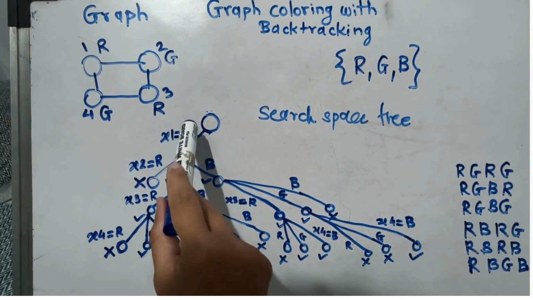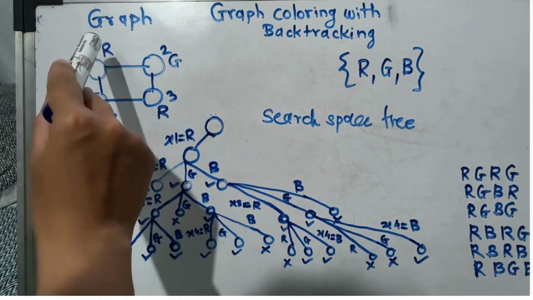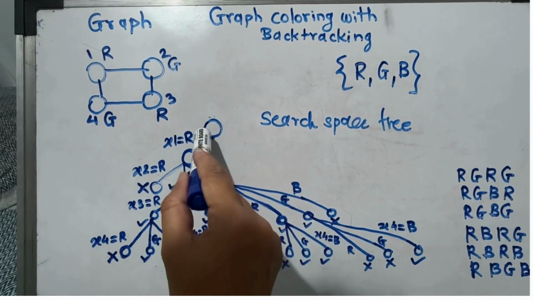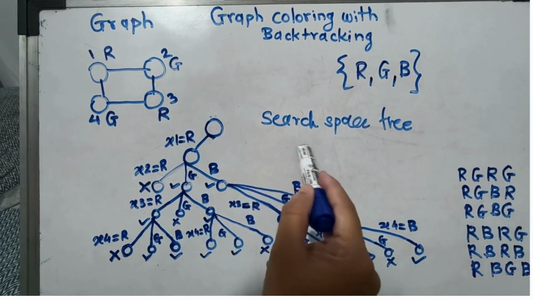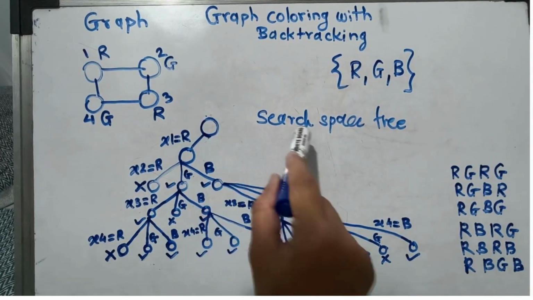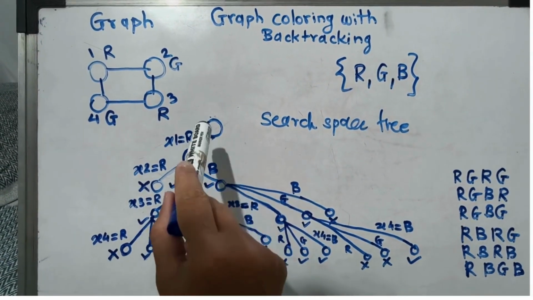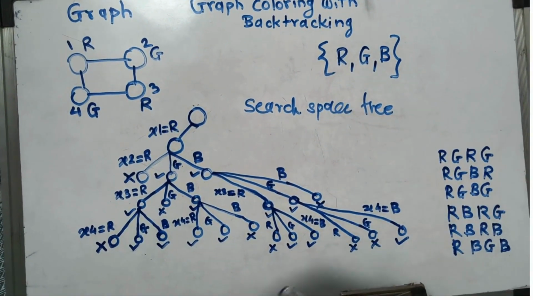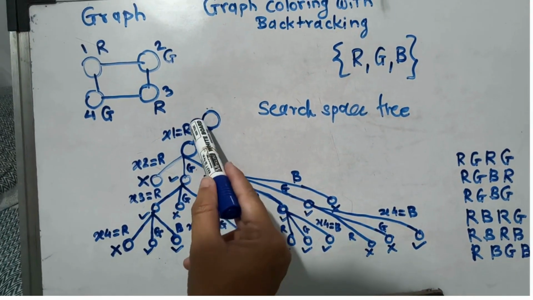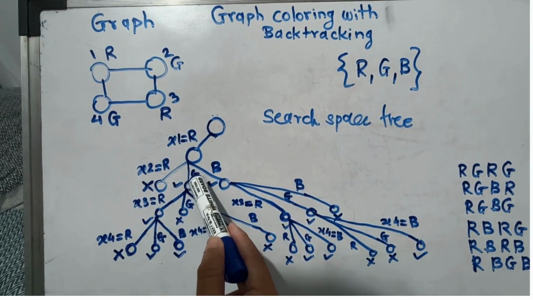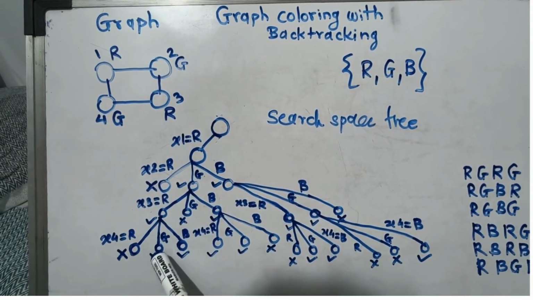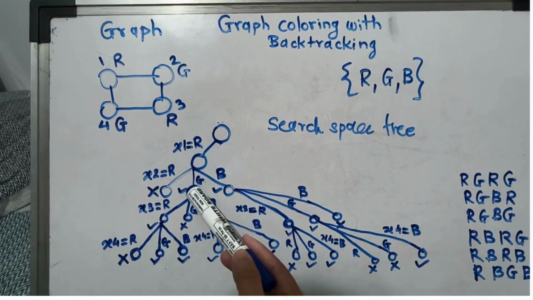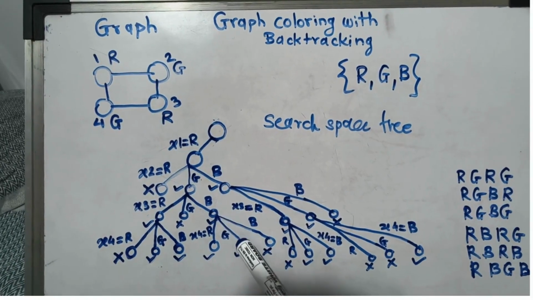Okay, so this we have done for red color. If we give red color at the start, but if you start with any other color, green or blue, then you have to create that search space tree for the remaining colors, green and blue. So we will get these combinations for coloring this graph in this way: R, G, R, G, B, G, and so on.